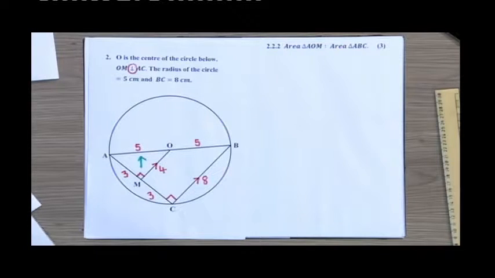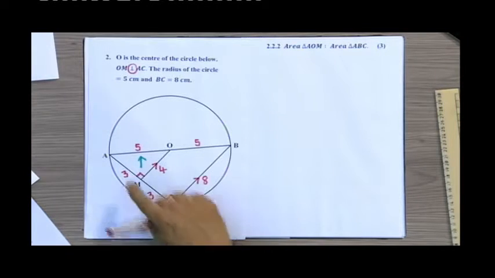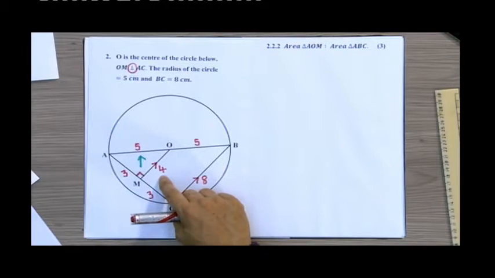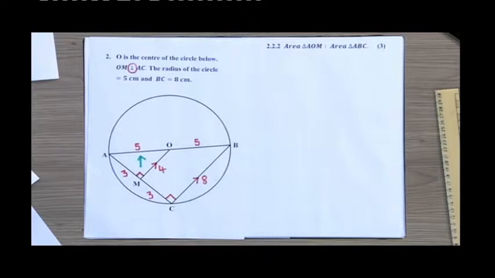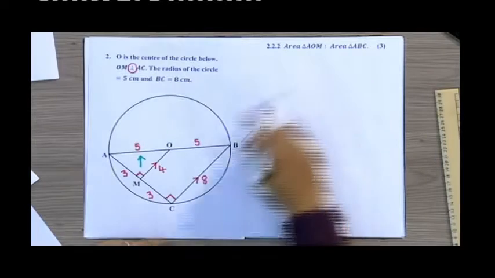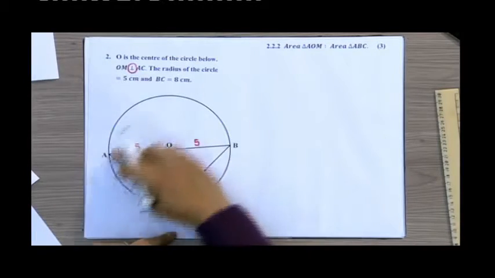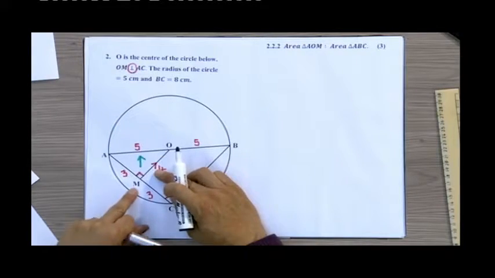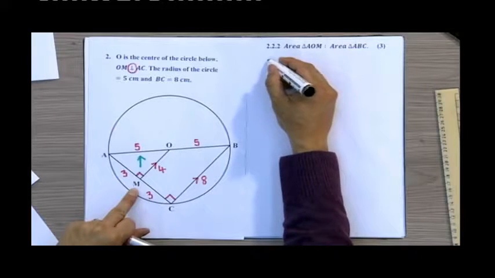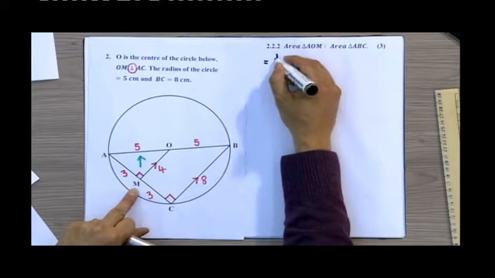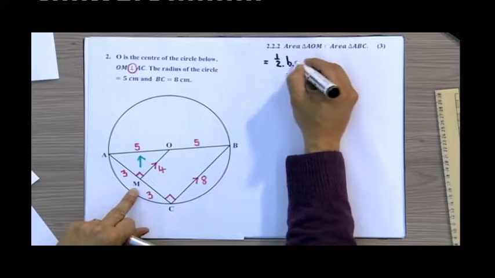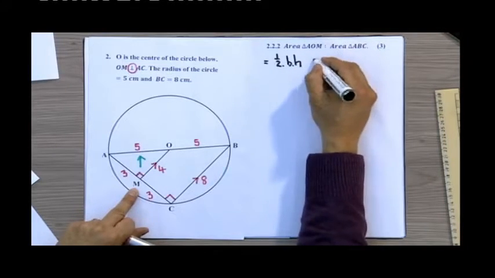So the area of any right angle triangle should not be a problem, right? We know the area of a right angle triangle is a half base times perpendicular height. So if we take the area of triangle AOM, then the area is equal to a half base times height, right?